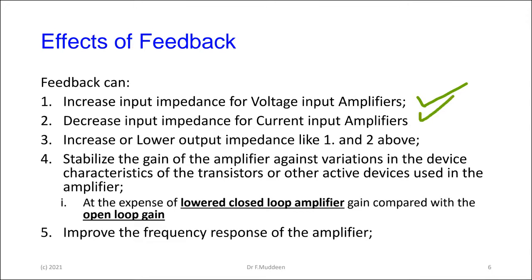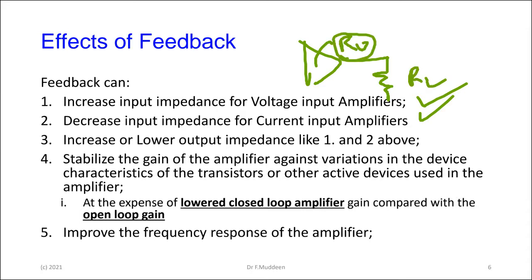The output impedances are the opposite. So when you have an amplifier and you're supplying a load, remember the amplifier has an output impedance and you have a load here. If the output impedance is high and you're supplying plenty of current, it means all of the voltage drop is going to be inside of here.